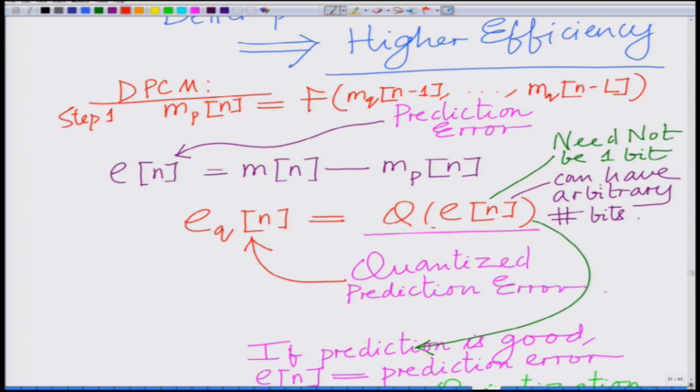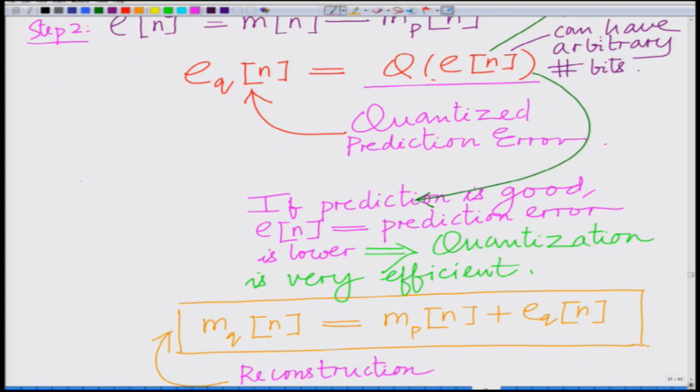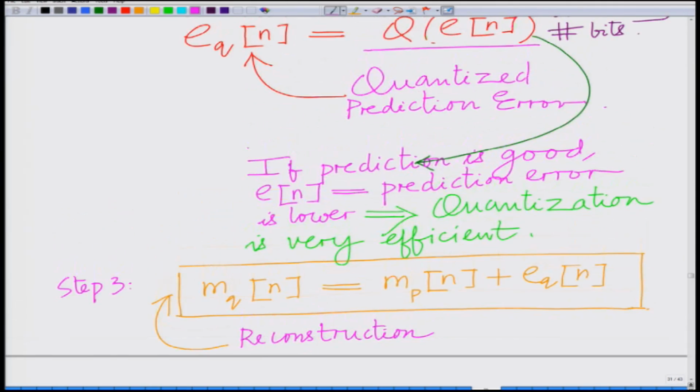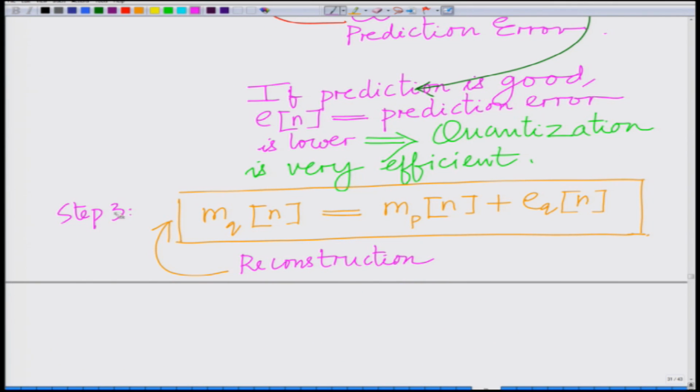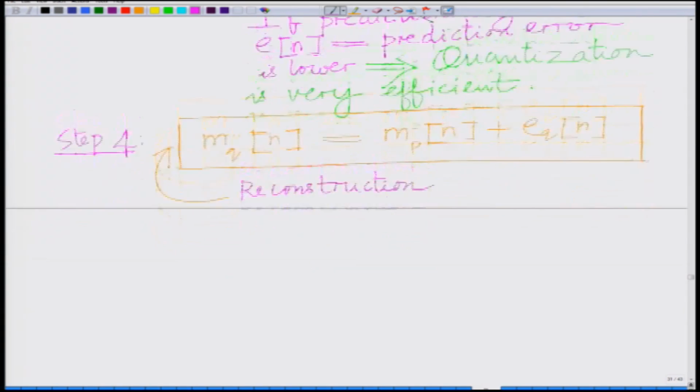So, this is the first step. This is the second step, where you are forming the prediction error. This is the third step, the quantization error, eq[n]. And this is the fourth step, that is reconstruction, mq[n] equals mp[n] plus eq[n].